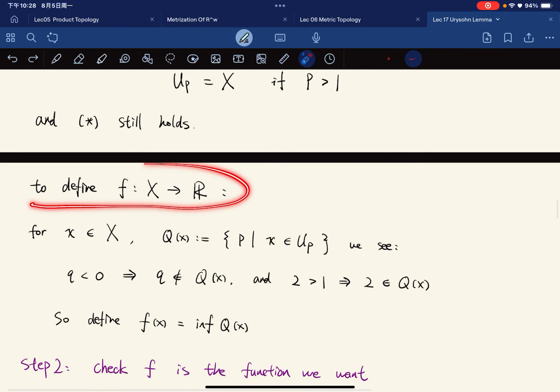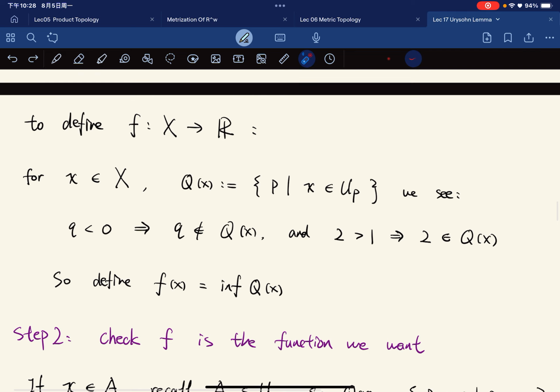Now we're going to use them to define our function f. For any x, we let Qx be the set of all rationals P such that UP contains x. If Q is negative, Q is not in Qx, because x is never inside an empty set, so it contains no negative numbers.